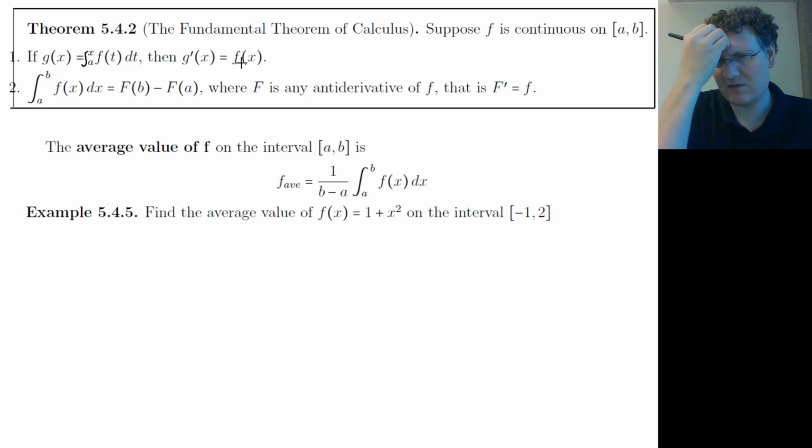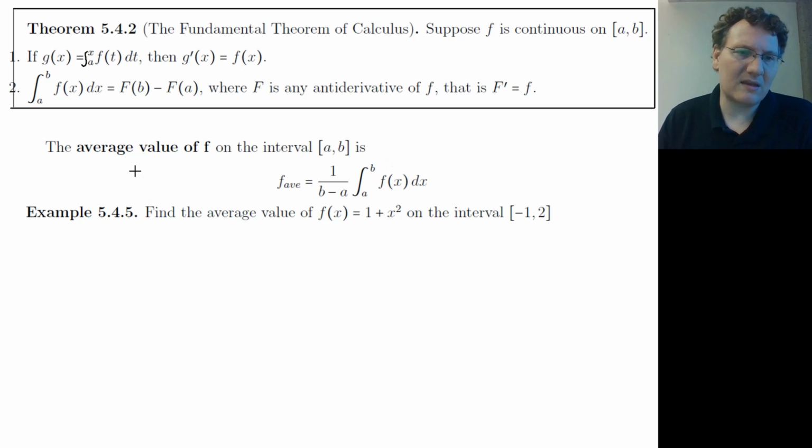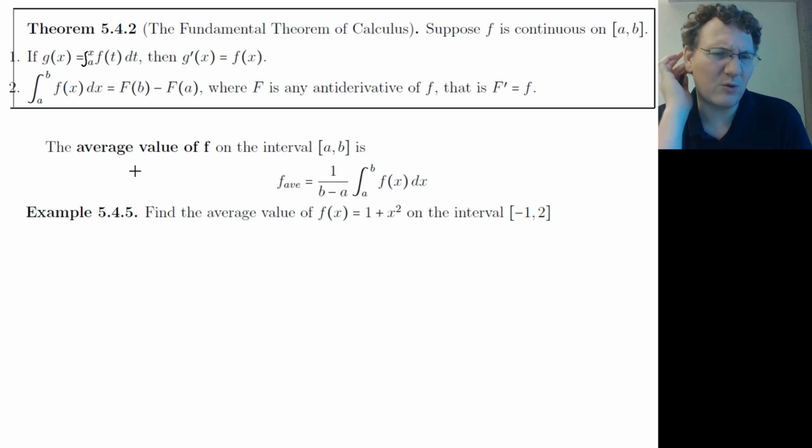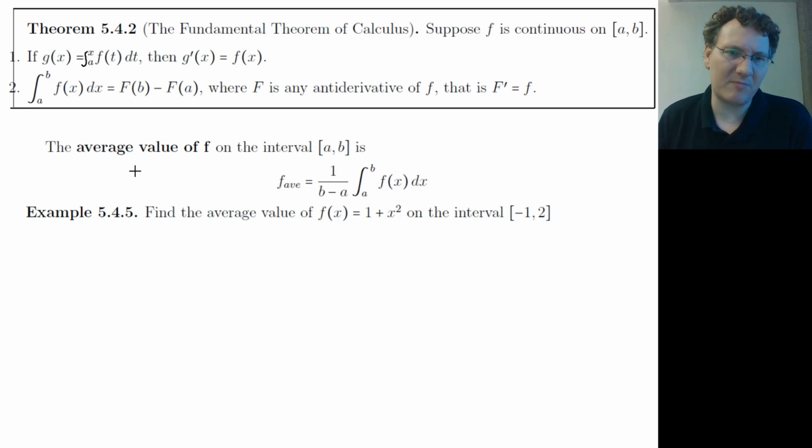The other part gives you another way of saying how you evaluate a definite integral. The definite integral from a to b of f of x dx is big F of b minus big F of a, where F is any antiderivative of f.